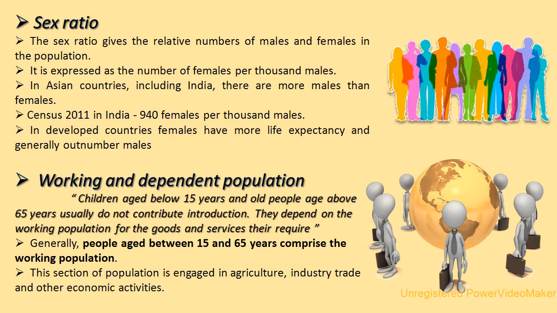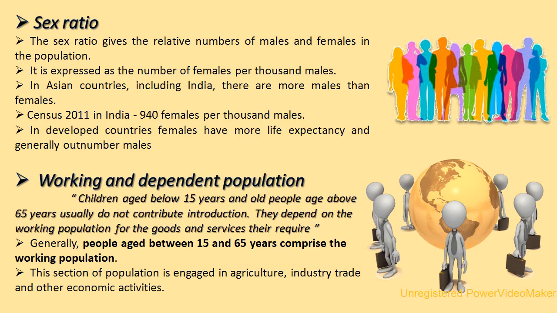So we are going to check another categorization of the population, that is working and dependent population. Just see the definition. Children aged below 15 years and old people aged above 65 years usually do not contribute to production.